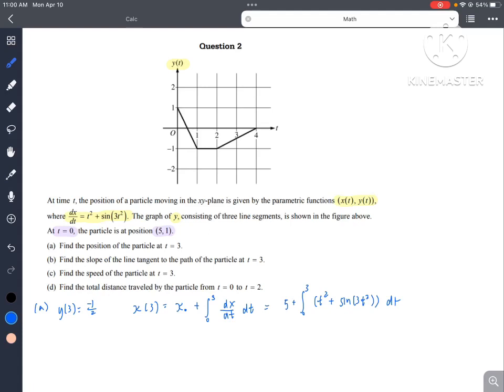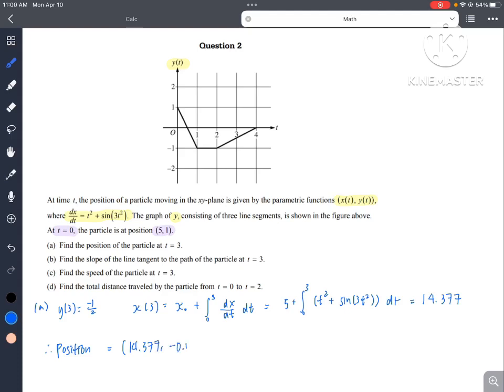Also make sure that your graphing calculator is in radians, because in calculus we use radians. Okay, so we found that to 3 decimal places, x of 3 is 14.377. Therefore, we find the position is (14.377, -0.5).